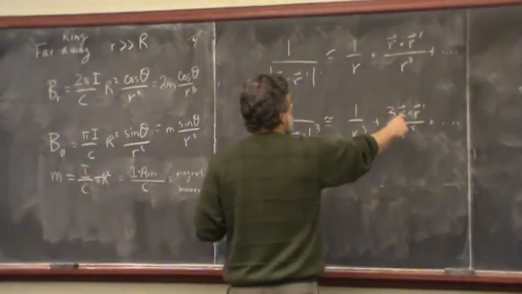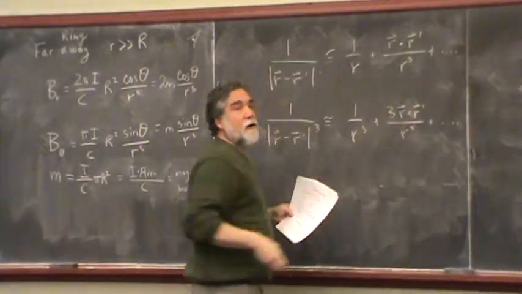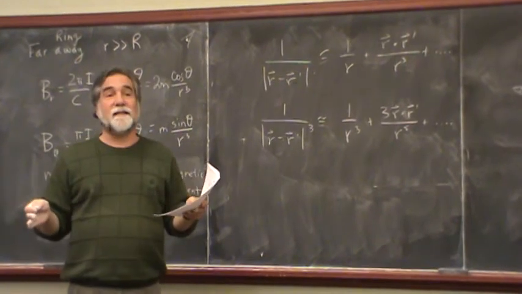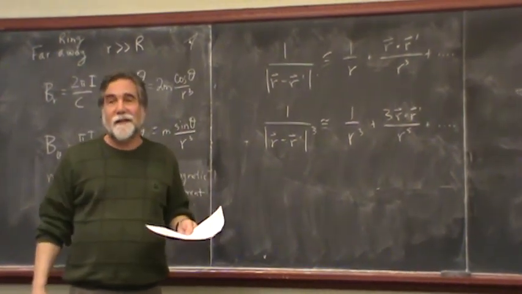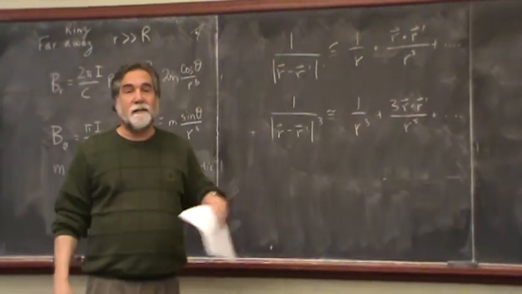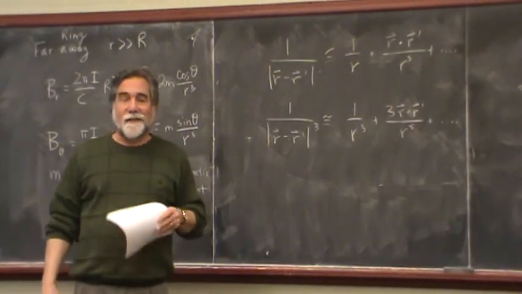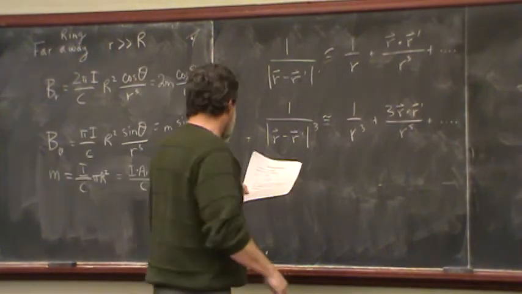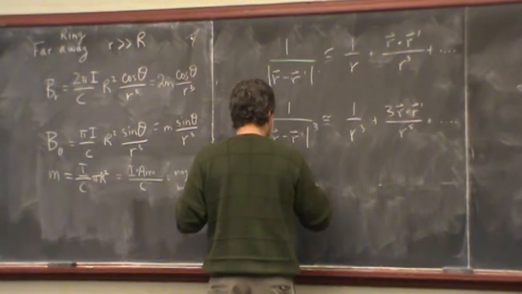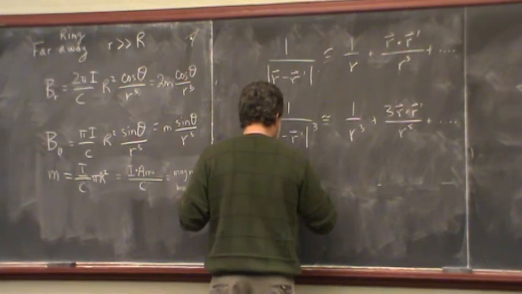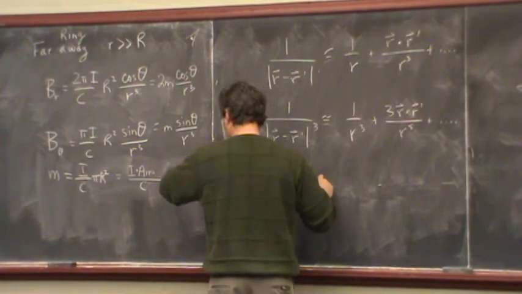Okay, so now back to this. We've got the dot products, and the dot products are going to have cosines in them. So guess what? That looks like spherical harmonics. I can express that sum in terms of spherical harmonics.